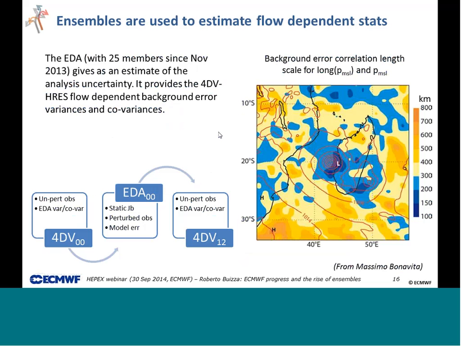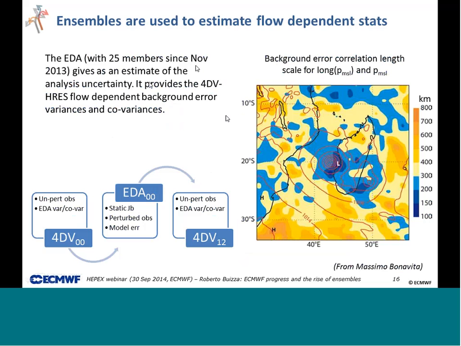I said that we are now also running an ensemble data assimilation system. In that respect, ensembles are used to estimate the uncertainty in the first guess. So depending on the flow, certain regions might be more in error than others in the first guess, the background forecast, which is merged with observations to generate the analysis.